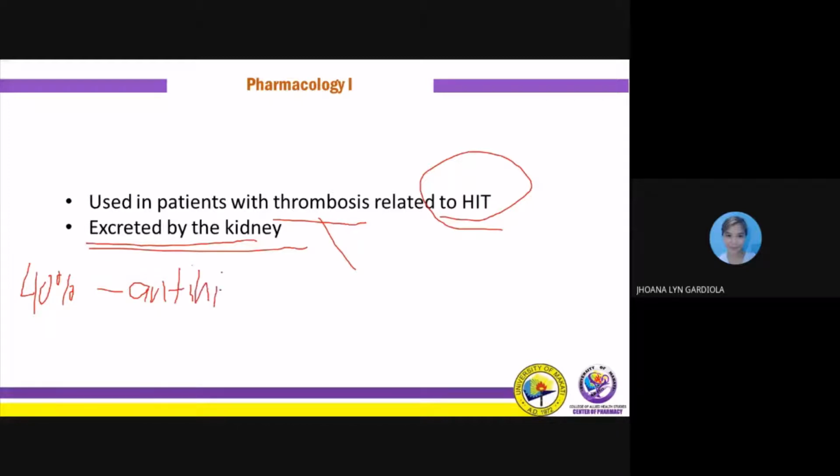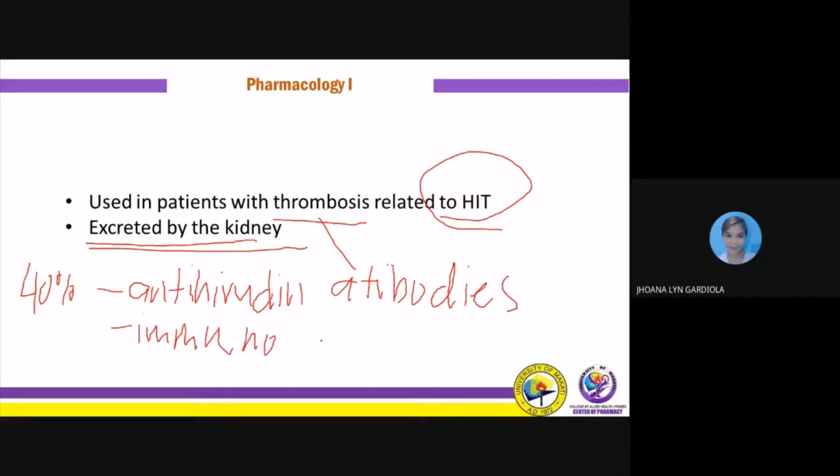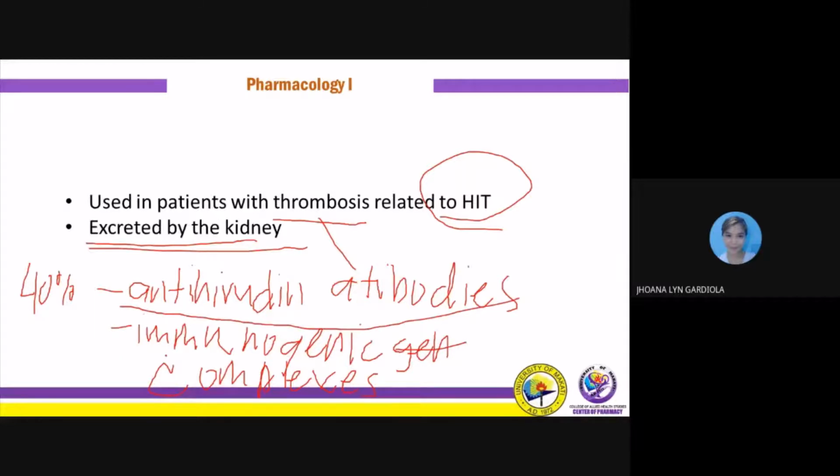These anti-hirudin antibodies are called immunogenic complexes.